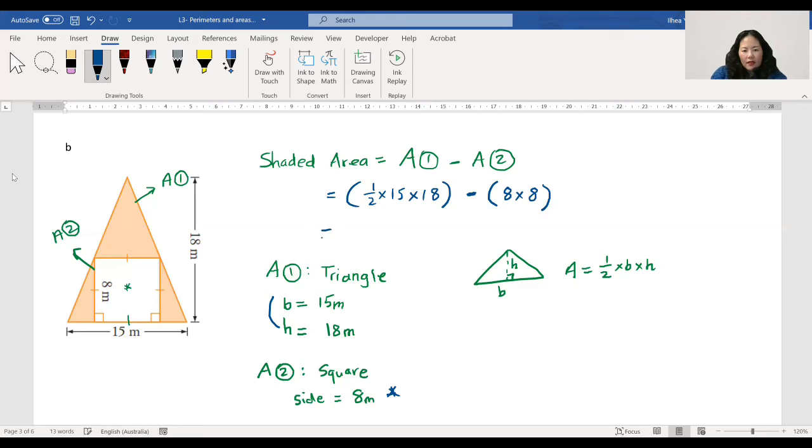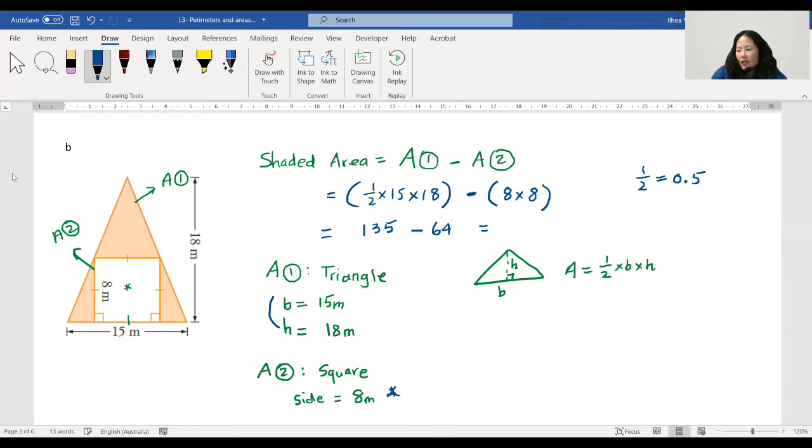Okay. Now with the half in your calculator, you could just write it 0.5 if you want. So you could go 0.5 times 15 times 18, 135. Okay, and that 8 squared, which is 8 times 8, 64.